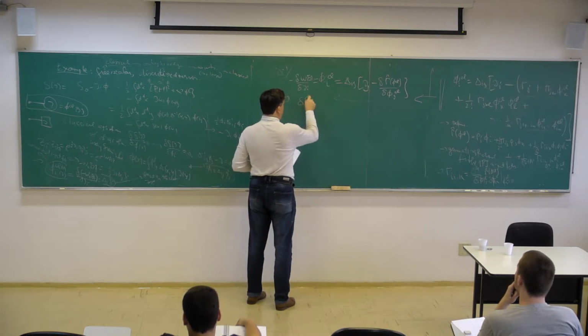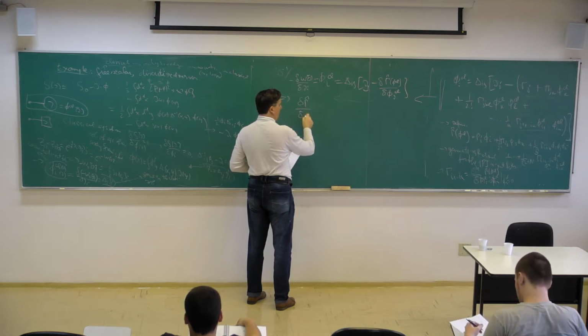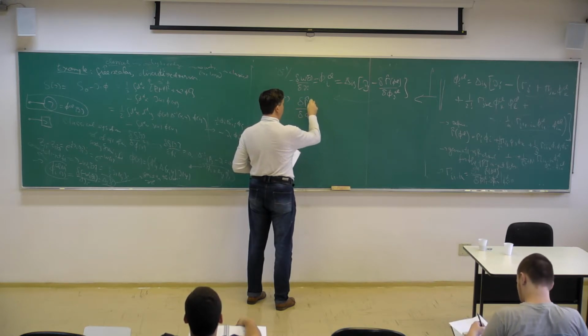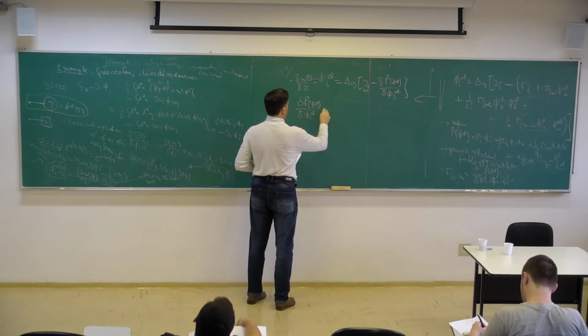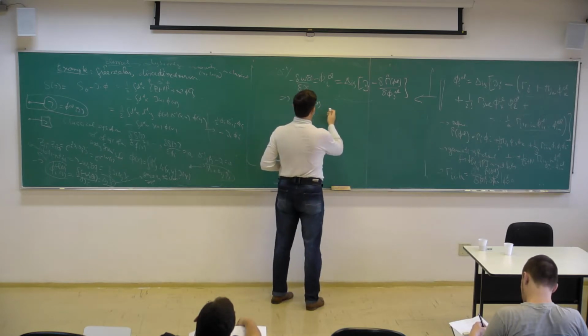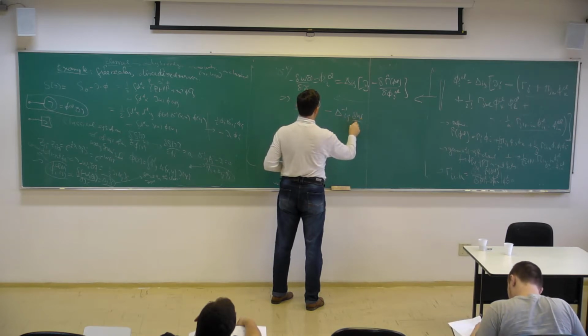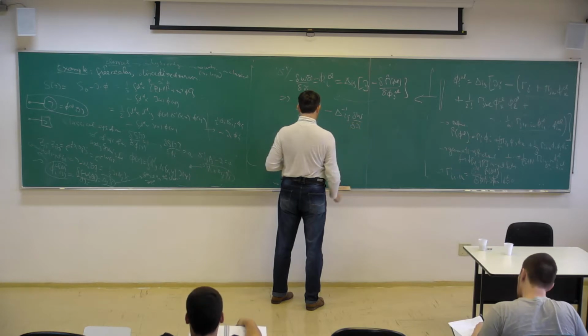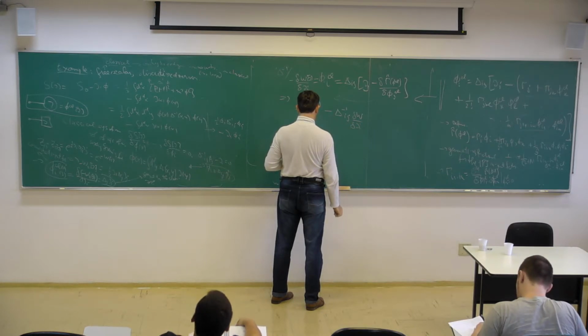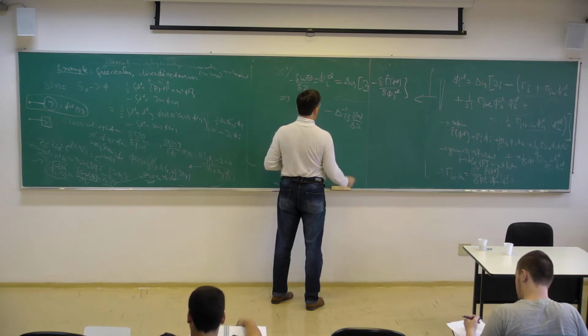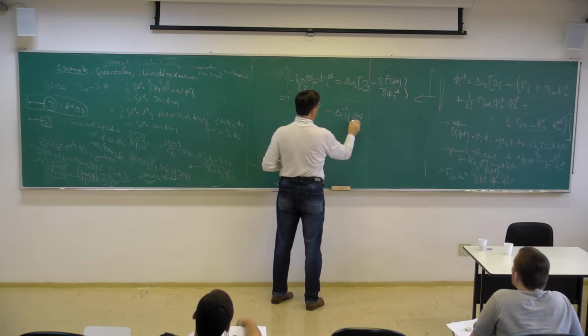So d gamma hat d phi I classical plus, or minus rather, minus delta minus 1 ij dw dj, no, sorry, I don't want this. I just want to put the phi classical.